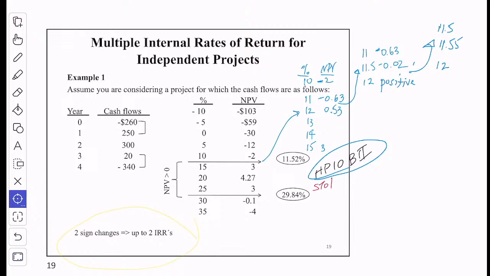So I'm done. I would know that between 25 and 30 is another internal rate of return. To get it precisely, I would have to iterate like this.